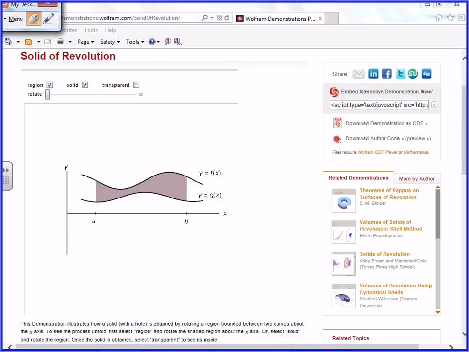So on my desktop actually here, I've gone to a site called demonstrations.wolfram.com. In fact, on all these computers in here, I've installed a special piece of software called the Wolfram CDF Player. It's kind of like, you know what PDFs are, the portable document format. You have to have some kind of player that will show those.